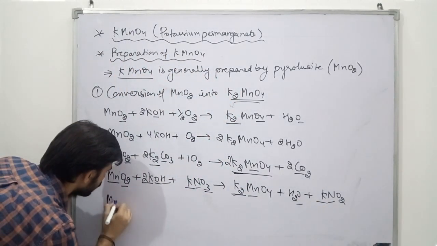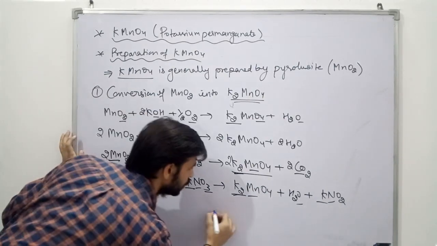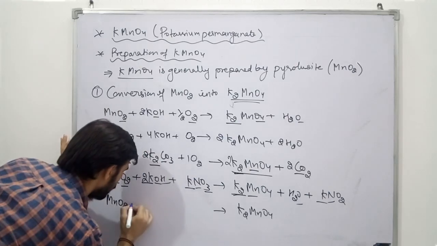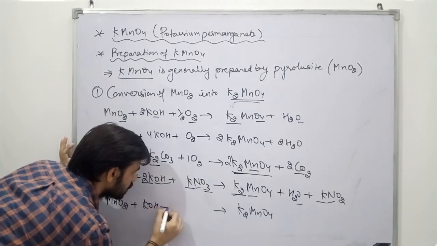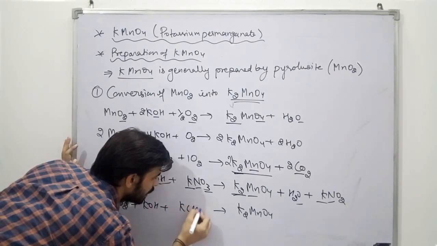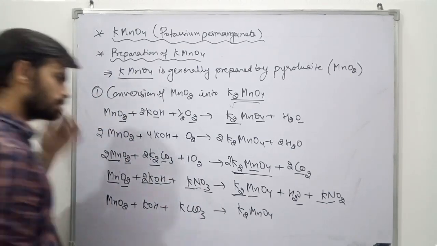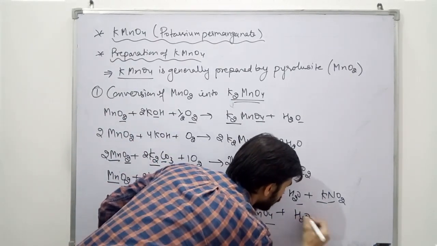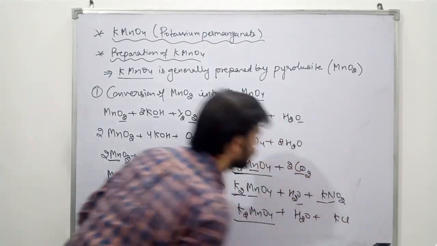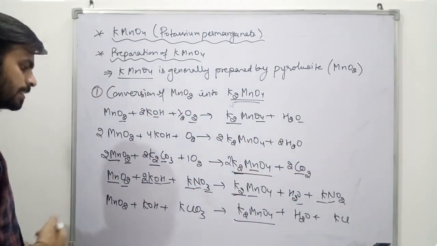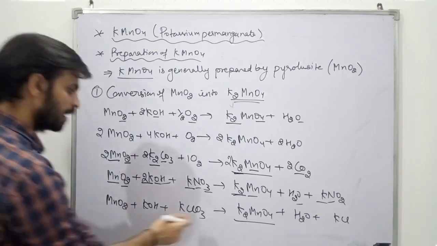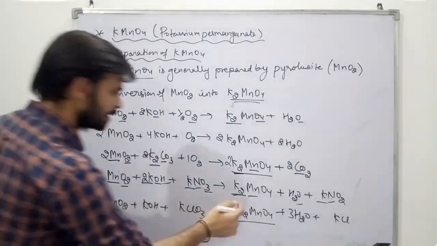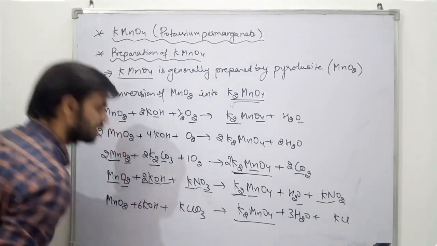We can also convert manganese oxide into potassium manganate with the help of potassium hydroxide and potassium chlorate. Along with potassium manganate, H2O and KCl are formed. Now balance this equation. We have 3 oxygen, multiply this by 3. Now we have 6 hydrogen, multiply this equation by 6.